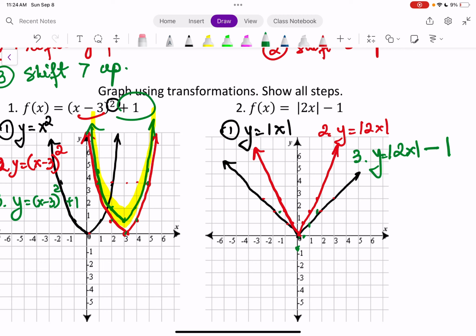So move all the points further 1 unit down. Not the original one, yes. So 1 by 1. So the graph got squished by a factor of 2 horizontally and moved 1 unit down. So this is the final answer, the green one.